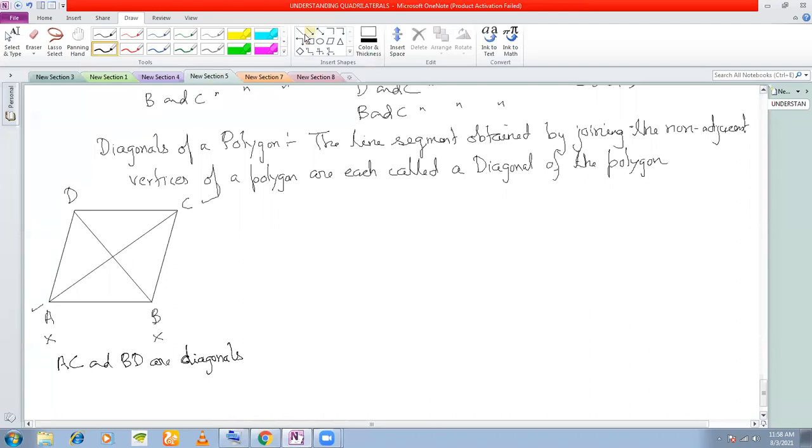Let us consider a hexagon and see how many diagonals it has. The pentagon you can try on your own.